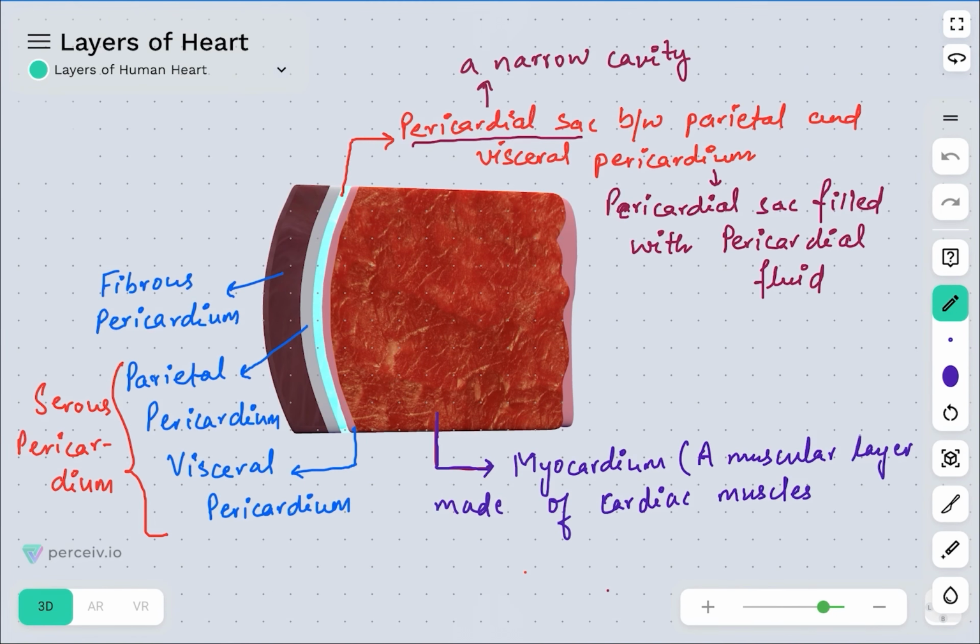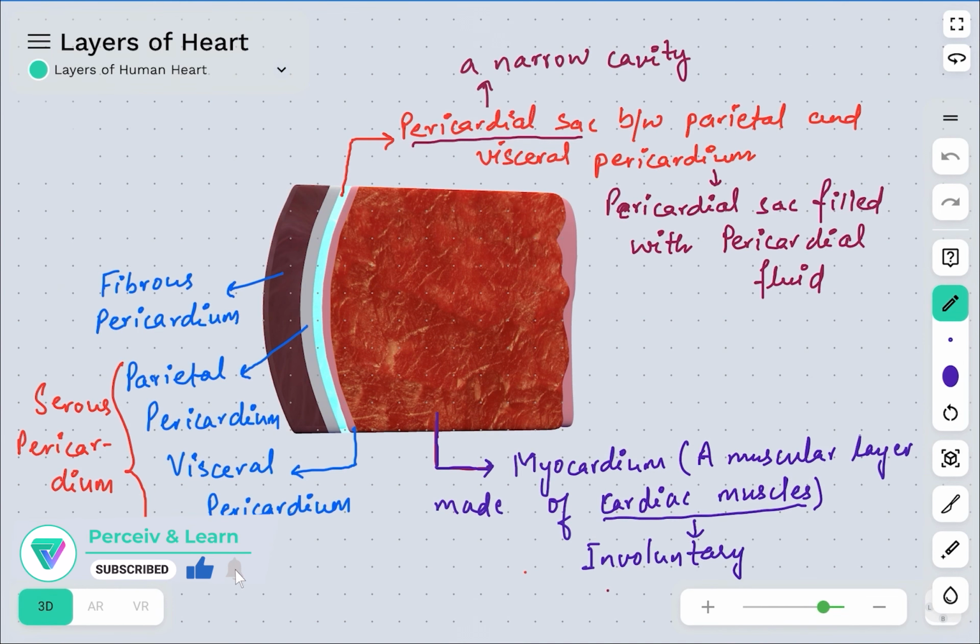And cardiac muscles are such muscles which are involuntary and striated. All right. So this is their importance.